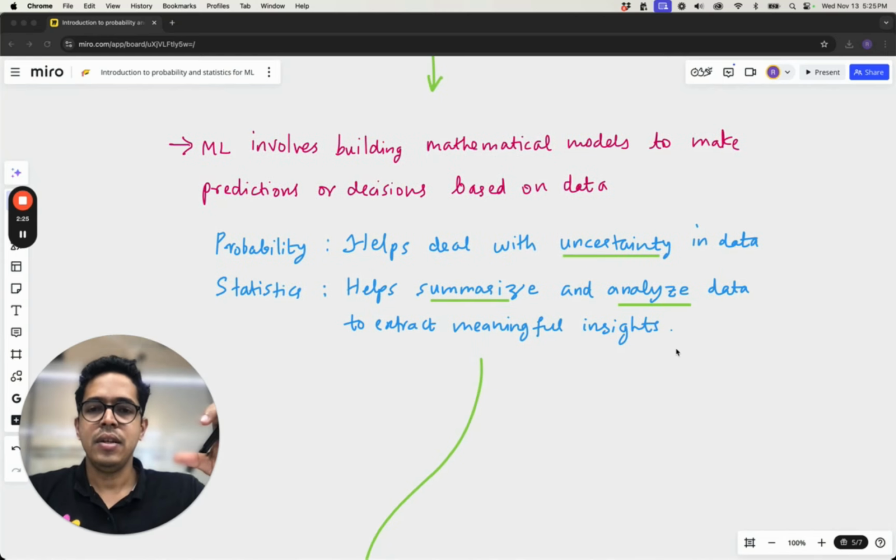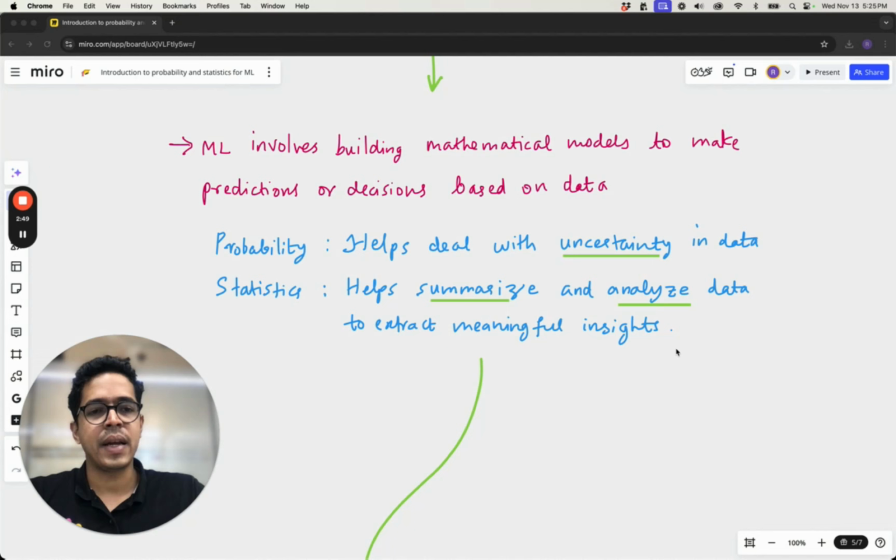So in this lecture, we'll be learning very basic things about probability and statistics. It's nothing complicated, so you can stay with me throughout the lecture. And as we progress in the next 4 to 5 lectures, we will learn a little bit more complex ideas within probability and statistics, especially in the context of what is useful for machine learning. Of course, we'll not be learning all the things about probability.